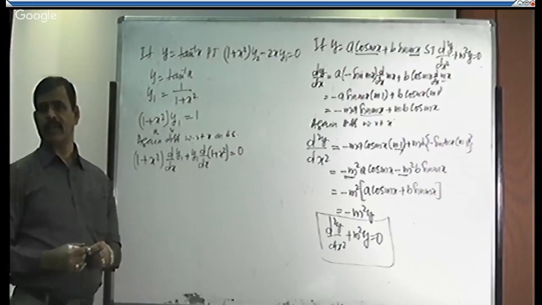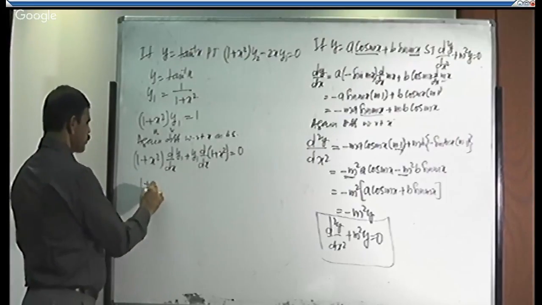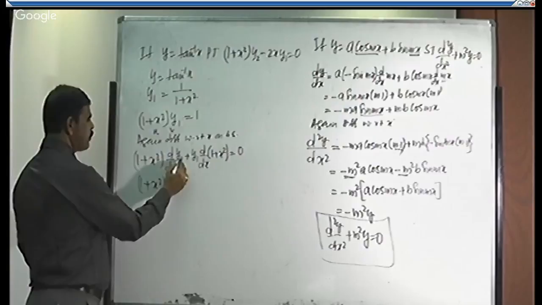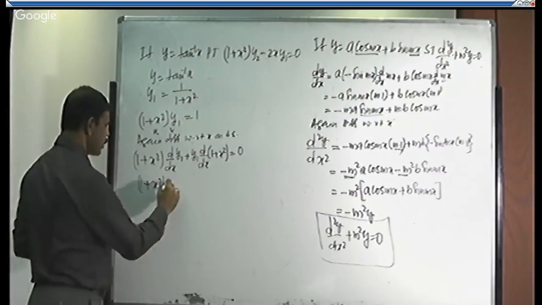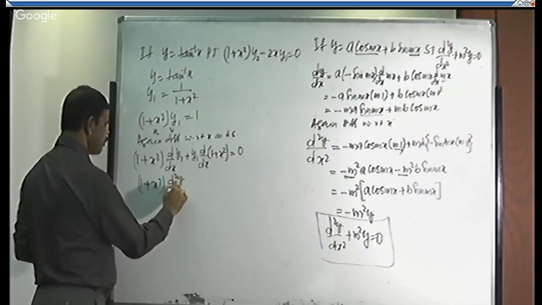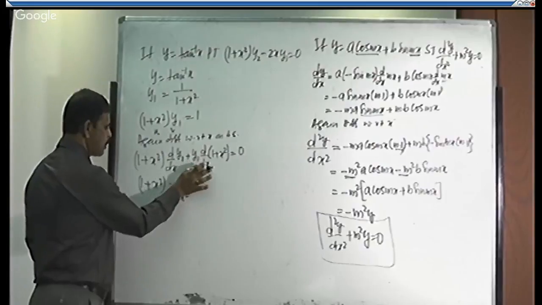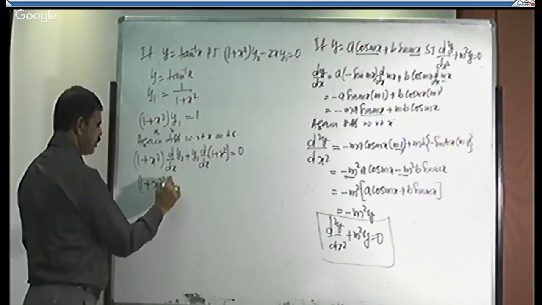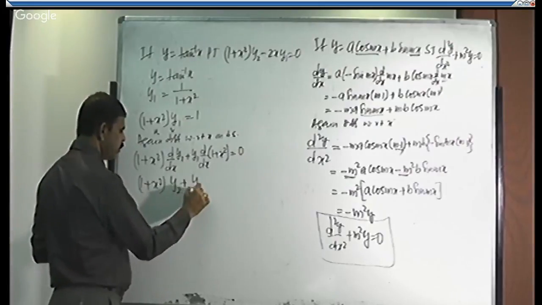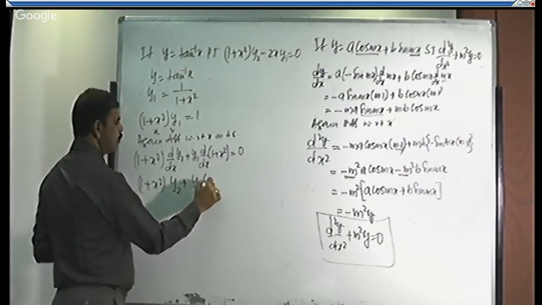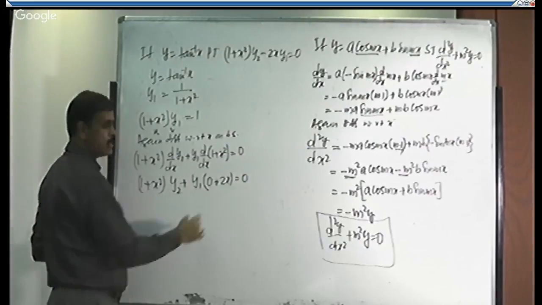Differentiation of constant is 0, right? 1 plus x square into differentiation of y1, that is d square y by dx square, can be taken as y2, plus y1 into differentiation of 1, 0, plus differentiation of x square, it is 2x, is equal to 0.